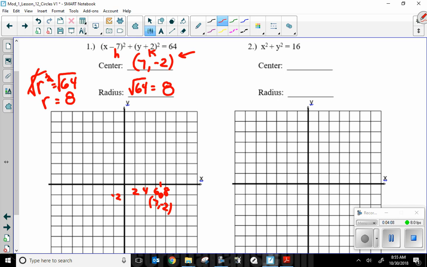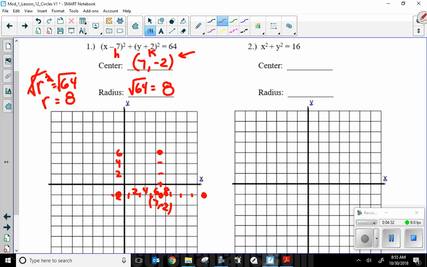Now the radius is 8. Keep in mind each one of these lines counts as 2, so I've got to go 8 to the right. This is how I graph the circle. I go 8 to the right, so 2, 4, 6, 8 would be right here. I go 8 up, 2, 4, 6, 8, right here. To the left, 2, 4, 6, 8.